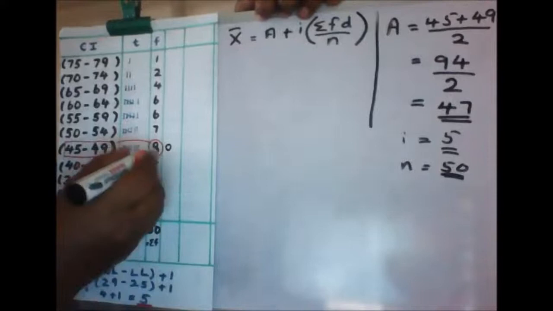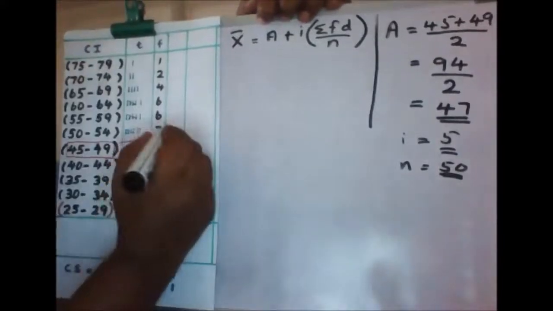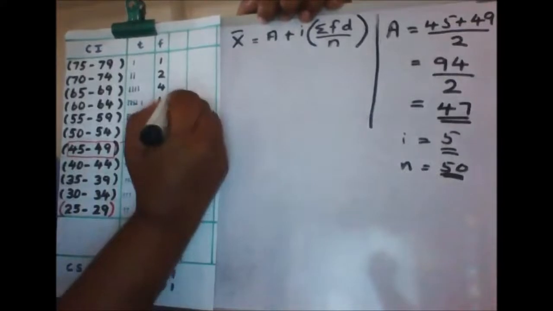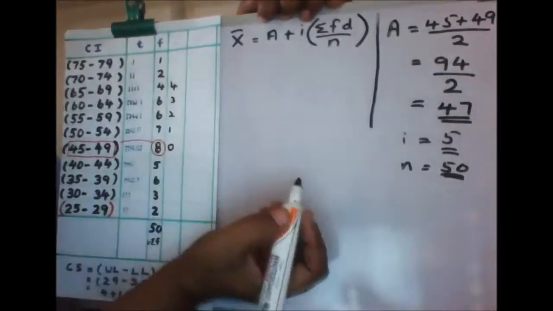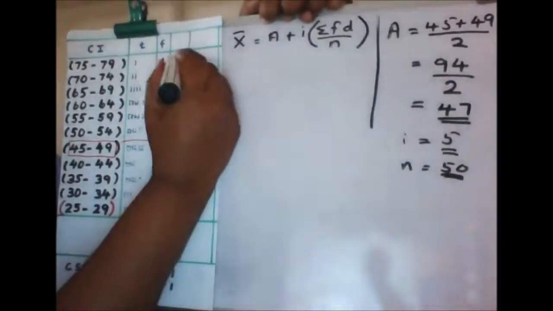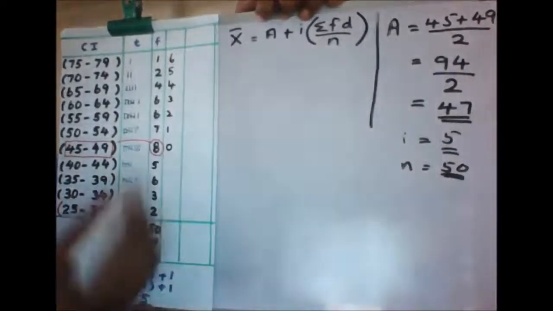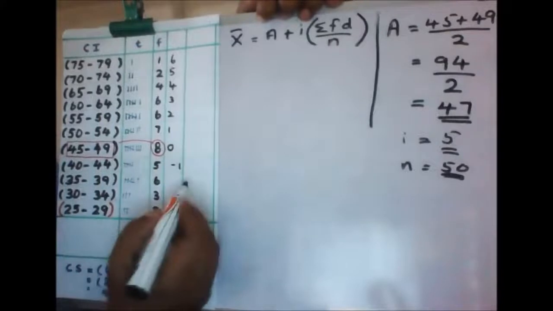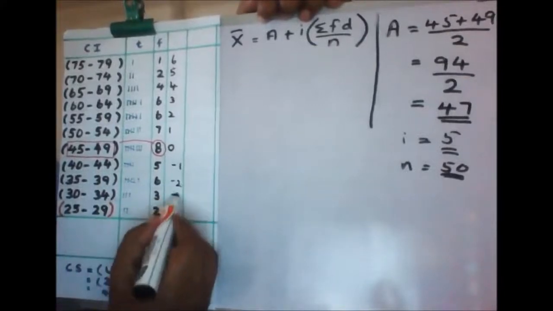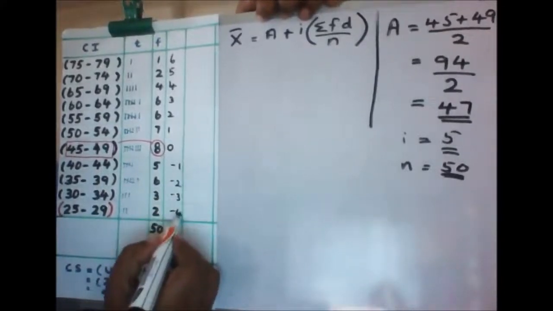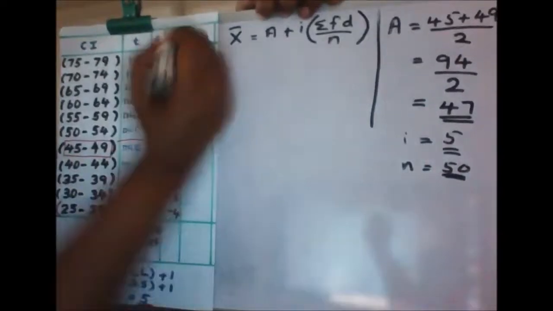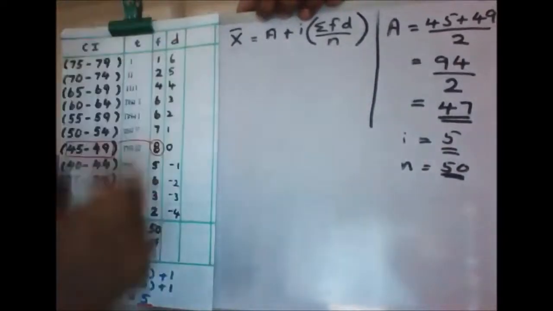Then above 0 all the plus marks: 1, 2, 3, 4, 5, 6. Then below 0, minus: minus 1, minus 2, minus 3, minus 4. That's the D column.